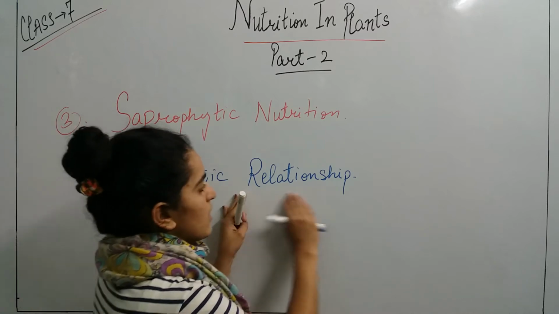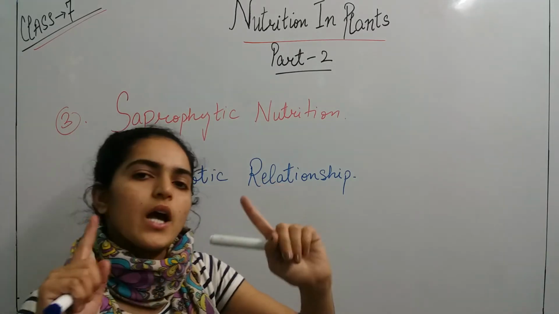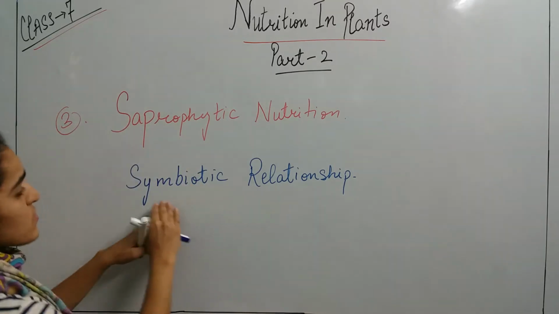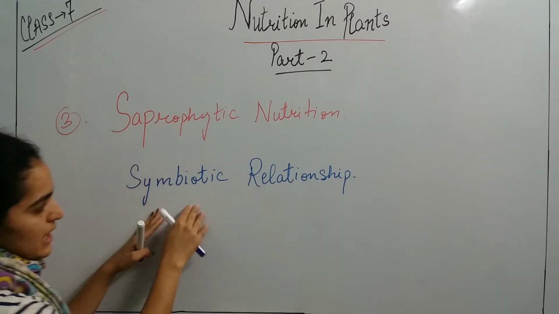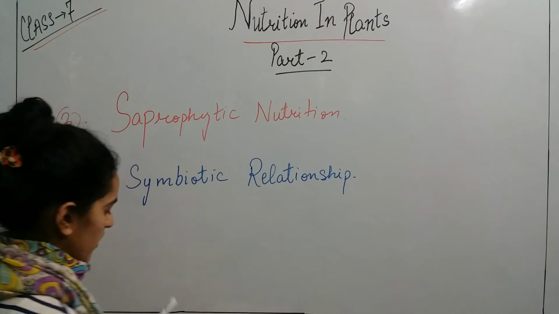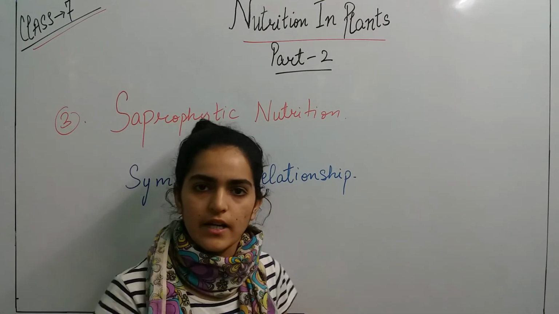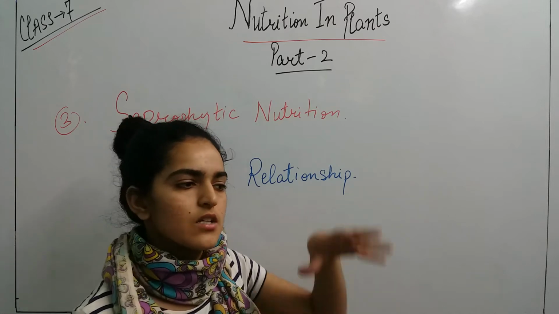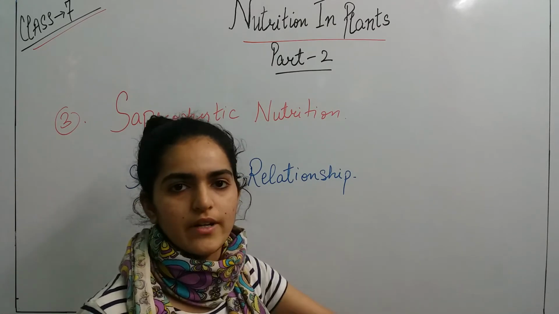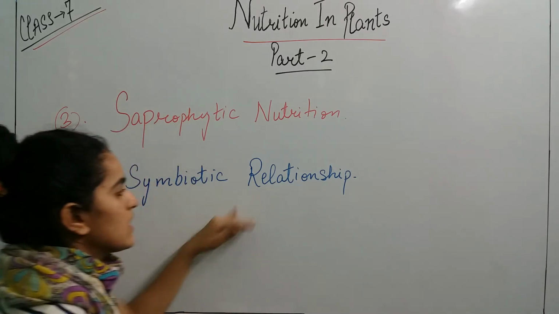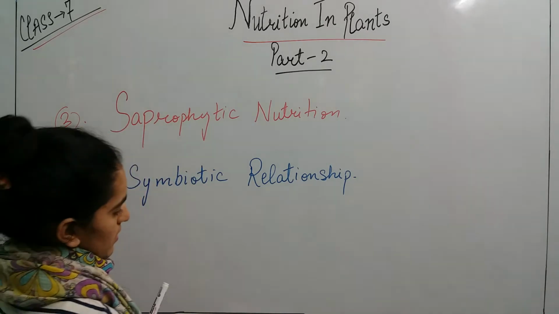Here the relationship is between two kinds of organisms. Now symbiotic means यहाँ पर क्या होगा, saprophytic was one organism was dead and other was taking its nutrients from it.